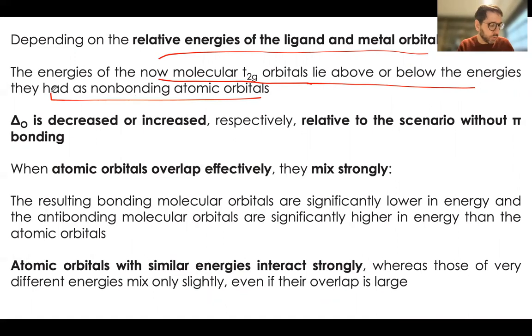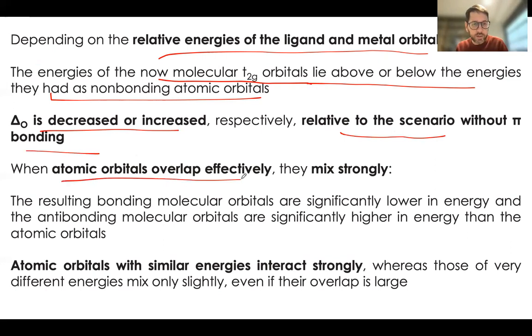So without pi interactions, the t2g orbitals are non-bonding. With pi interactions, they will form bonding and anti-bonding combinations. So if the energy of these orbitals after the pi interaction lies below or above the energy of the non-bonding case, this means that the ligand field splitting can be decreased or increased relative to the scenario without pi bonding.